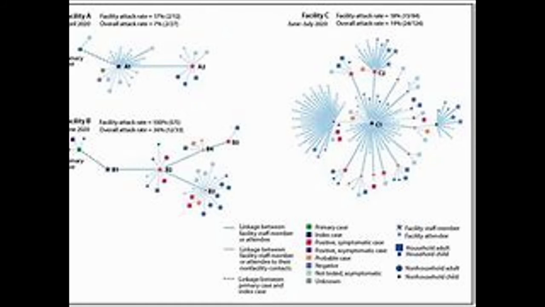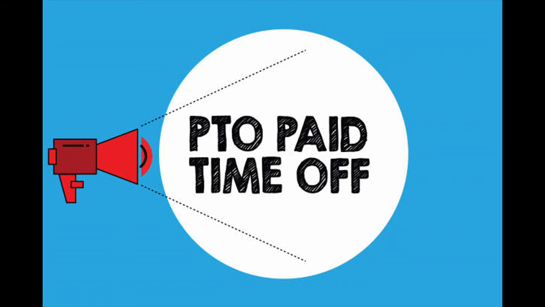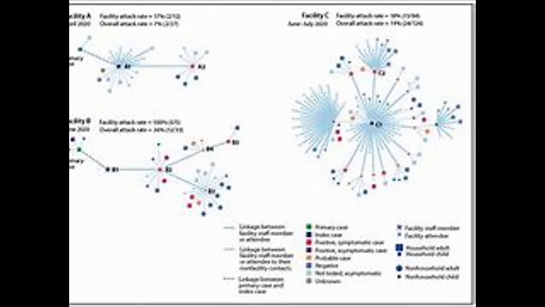For transmission, we lump together people following social distancing and access to paid time off. Paid time off is good for preventing the virus since it gives an employee a chance to be away from sick people so they don't get the virus.